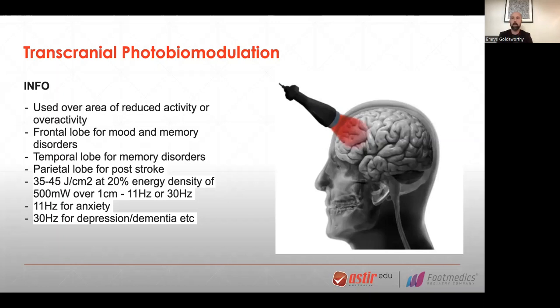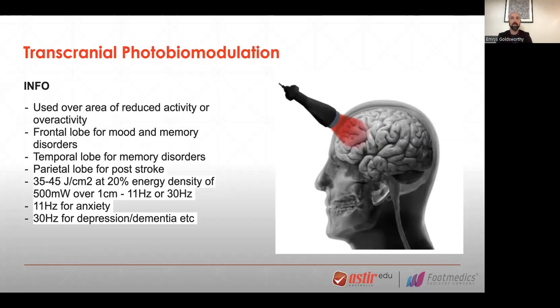Now, the reason you would use 11 is to calm an area. Generally speaking, it's a bit vague, I know, but for anxiety, I would use more 11 hertz over the frontal lobe, whereas for depression, I'd use 30 hertz. And these are very preliminary numbers as far as research is concerned, and that's why I believe some papers and some researchers don't get the results they're looking for.